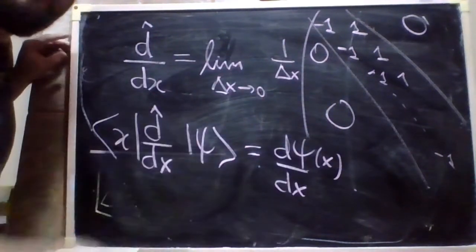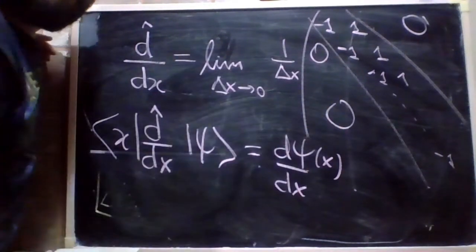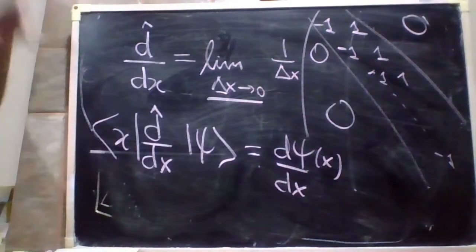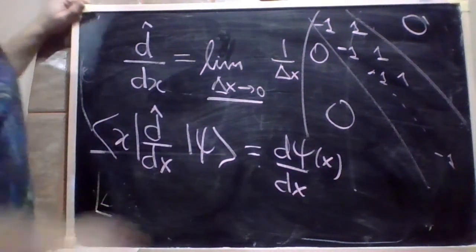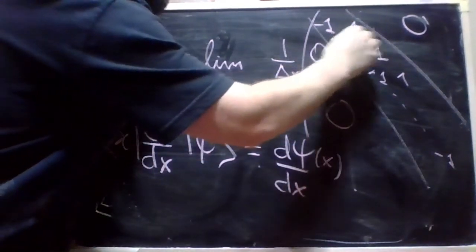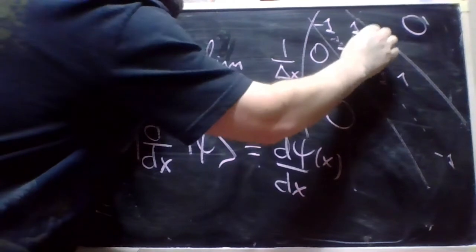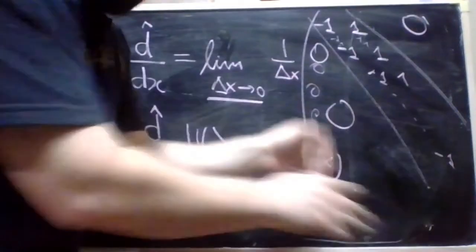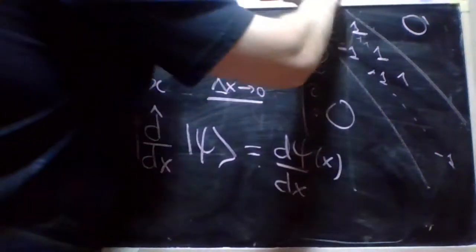So differential operators are matrices in some limit where delta of x goes to 0. But when you go to the limit, you insert more and more -1s here, more and more ones here, and more zeros, and this becomes very dense matrix which has infinite number of values.